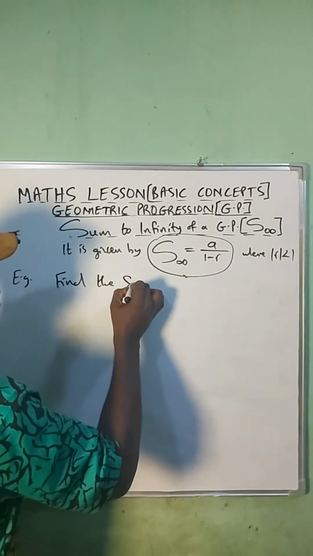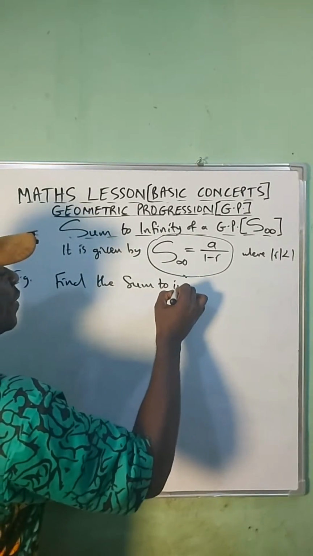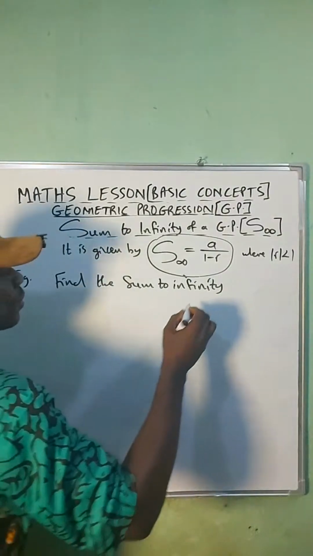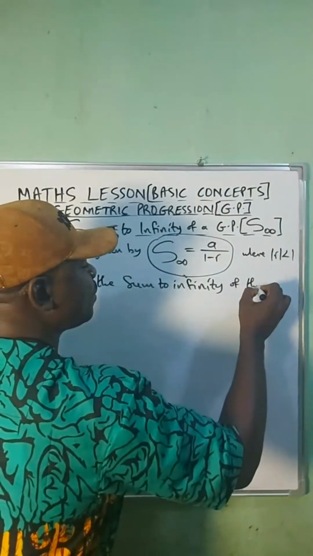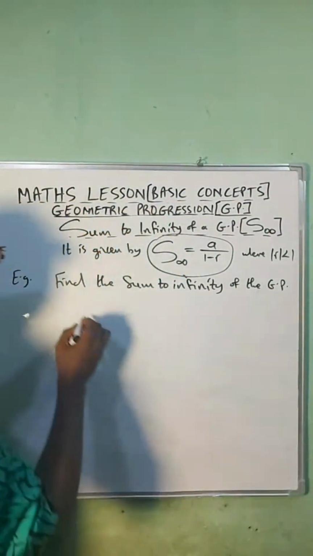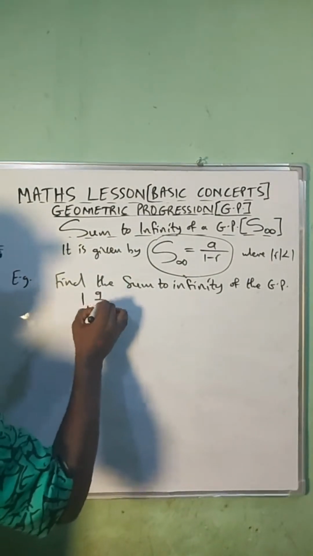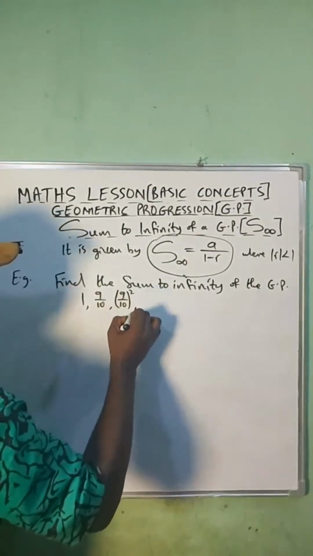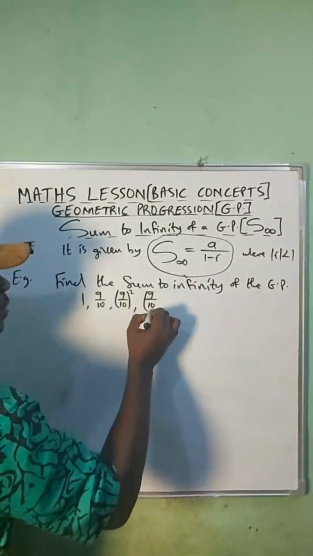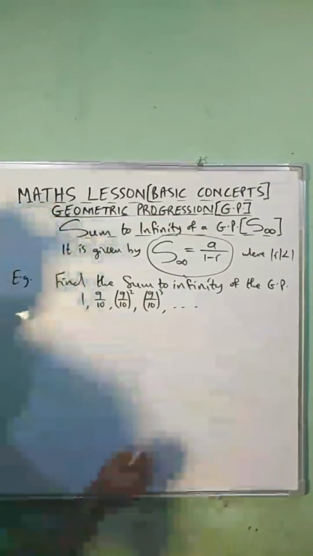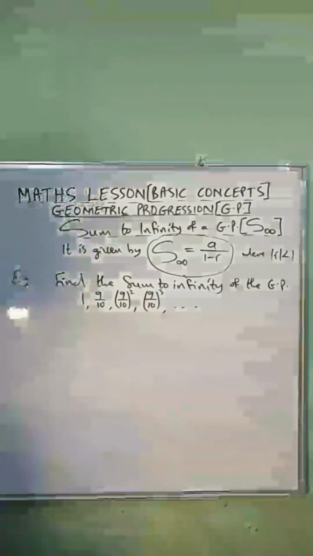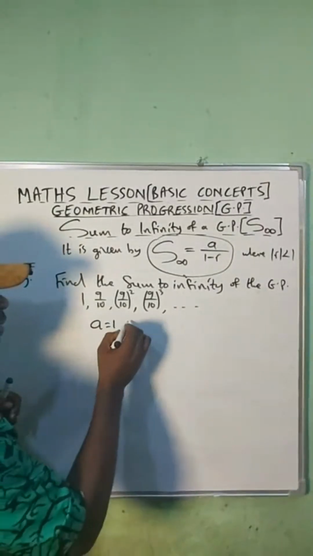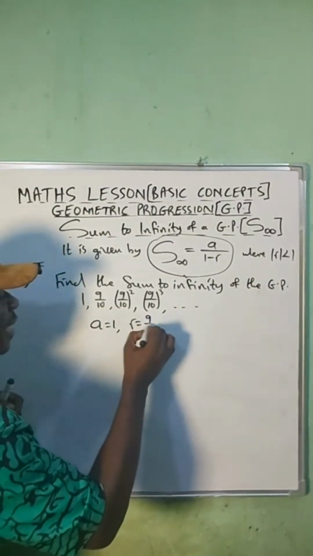Find the sum to infinity of the GP: 9 over 10, 9 over 10 all squared, 9 over 10 raised to the power 3, and so on. Here, the first term is equal to 1, and the common ratio is 9 over 10.